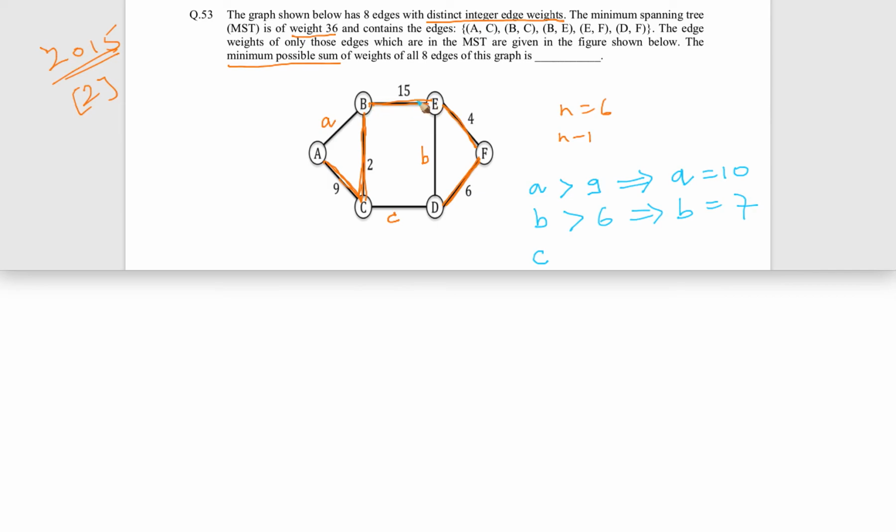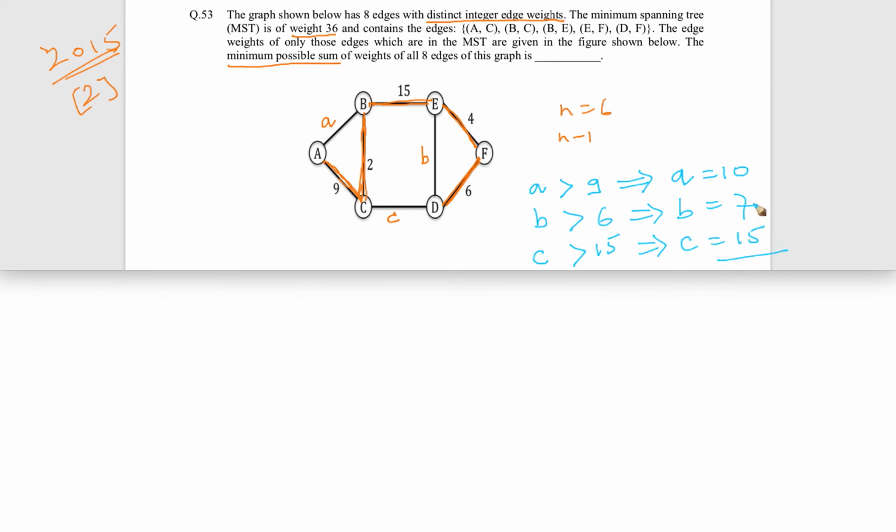And that's why I will not take BE as part of MST. So if it is given that BE is part of MST, then C must be bigger than 15. But it cannot be 15.5 or something. It can only be the next integer. It has to be distinct and it has to be an integer.